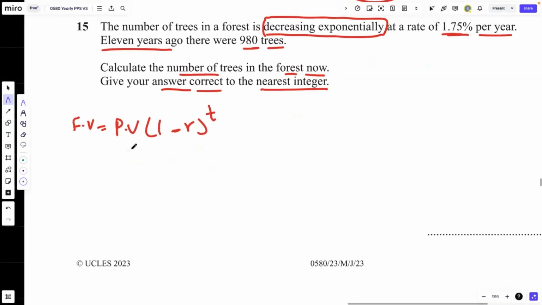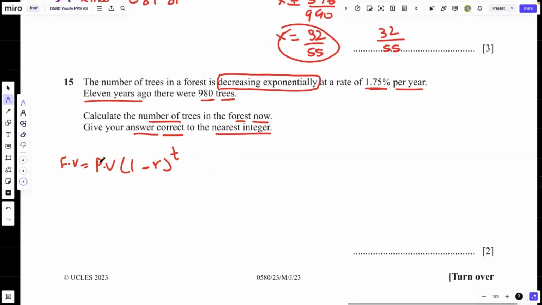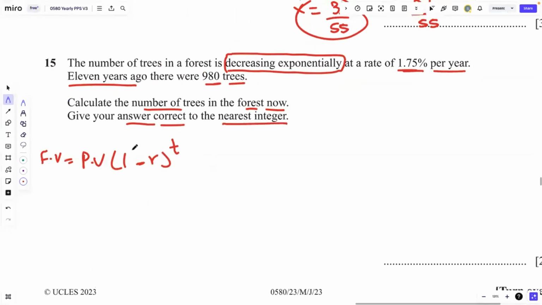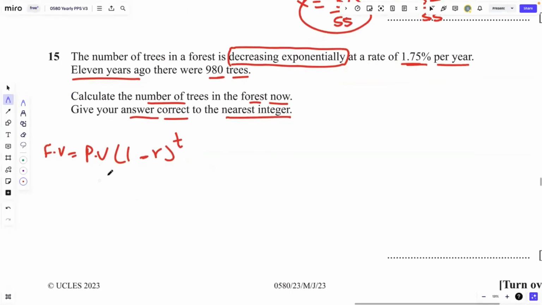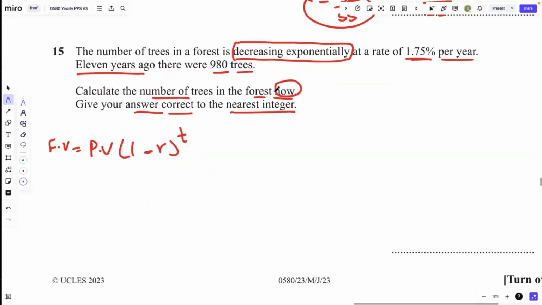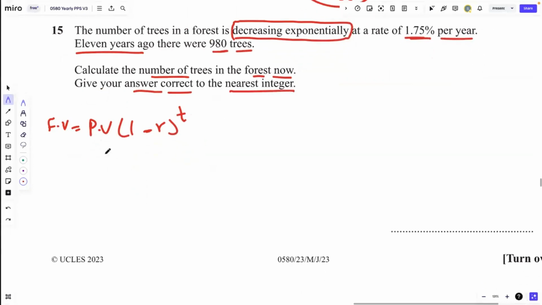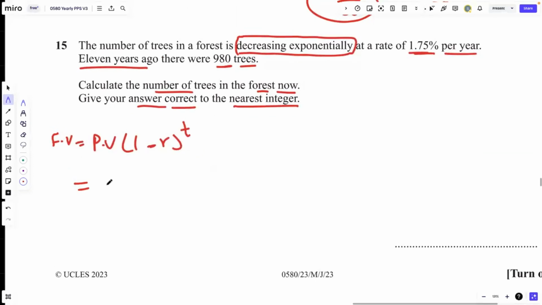So, do we know the final value? We do not. We are supposed to calculate the current number of trees. We do know the present value was 980 trees, and 1 minus the interest rate, which is 1.75%, or you can write the decimal value, and time in years is going to be 11. Then you can just use the calculator.